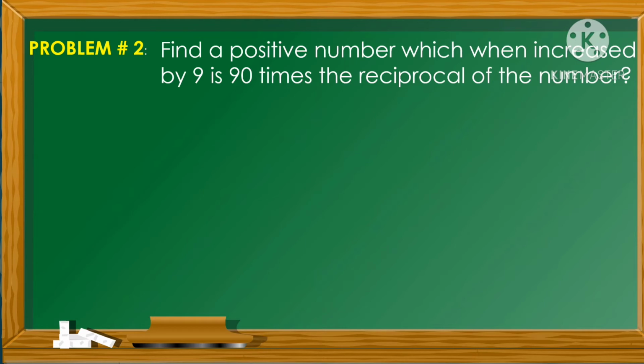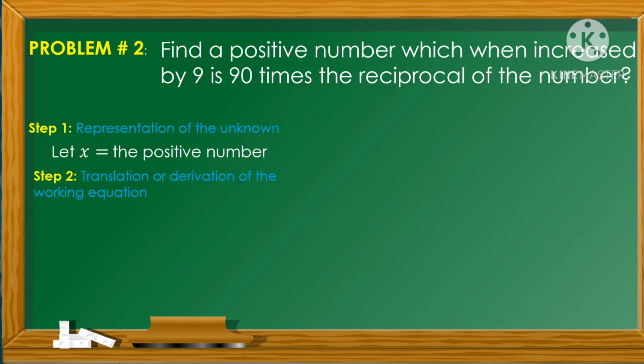Yun yung positive number na if you increase that number by 9, then the result is 90 times the reciprocal of that number. So, let us represent the unknown by variable x. So, let x be the positive number.